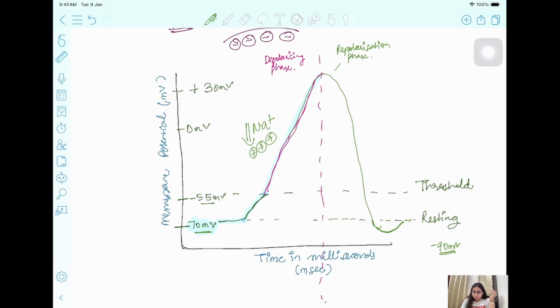It is moving towards the positive side. All right, this is the depolarizing phase. Now, when it reaches plus 30 millivolts, the repolarizing phase begins.